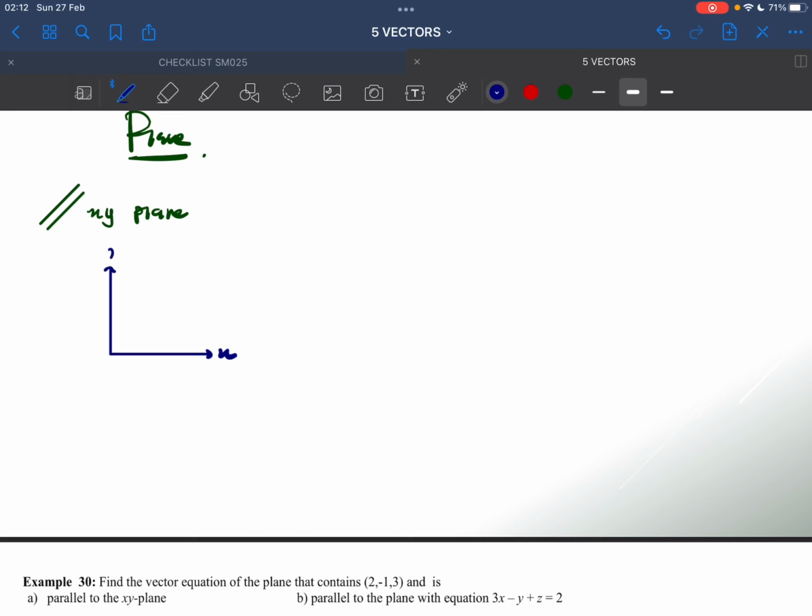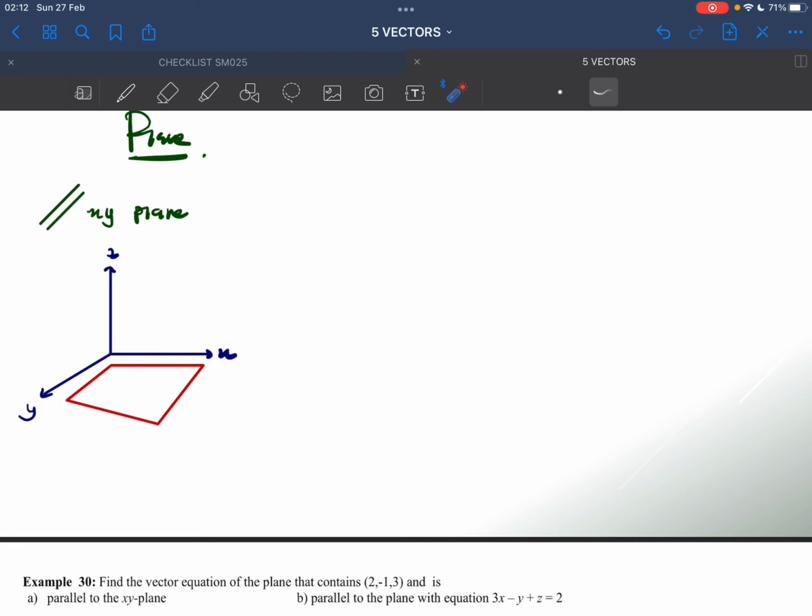We have x, z and y. The xy plane is somewhere here, on this line. So if the question says the plane is parallel to the xy plane, your plane should be here.